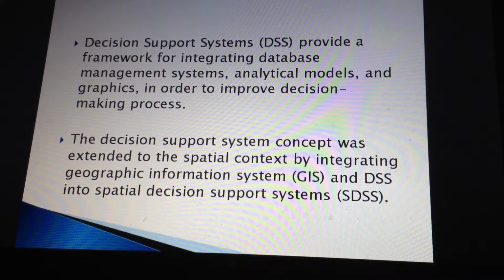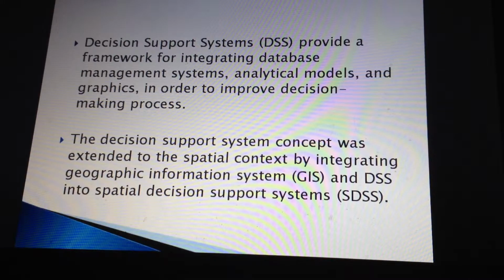Decision Support Systems (DSS) provide a framework for integrating database management systems, analytical models, and graphics in order to improve decision-making processes.